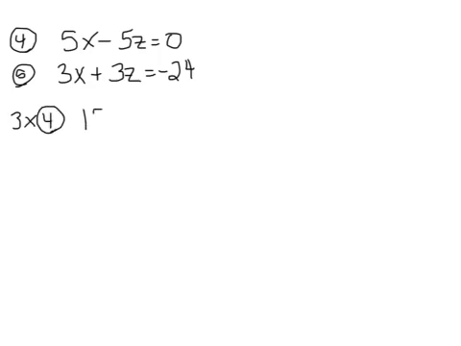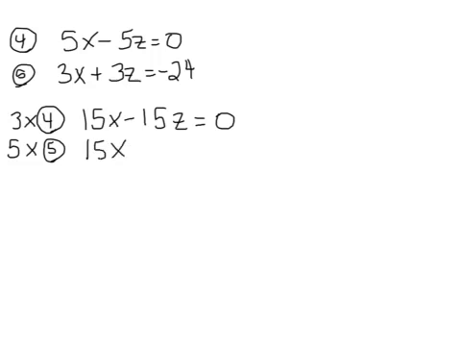That gives me 15x minus 15z equals 0. And then multiplying equation 5 by 5 to get 15x plus 15z equals negative 120. Be careful, because it's common to forget to multiply this side of the equation as well by the number.